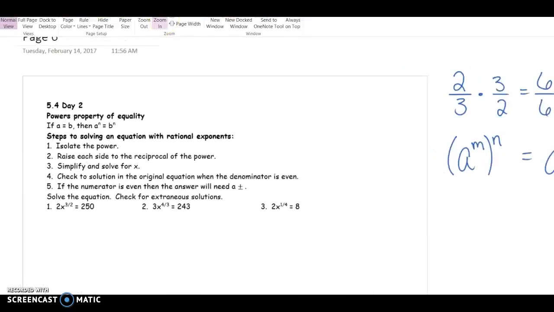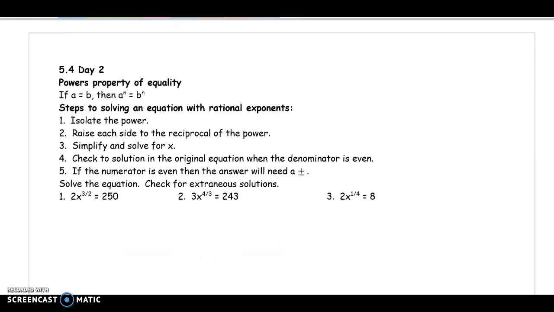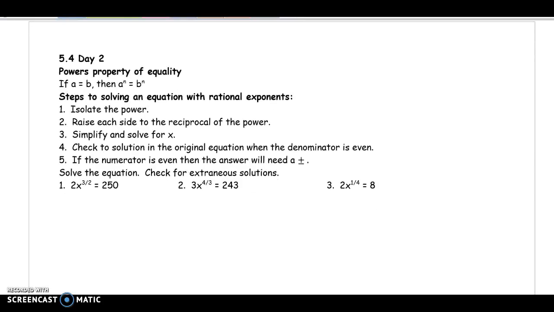So there are step-by-step instructions at the top of your page. Your first step is isolate the power. So in number 1, I want you to remember that 2x to the 3/2 is not 2x to the 3/2. It is 2 times x to the 3/2.